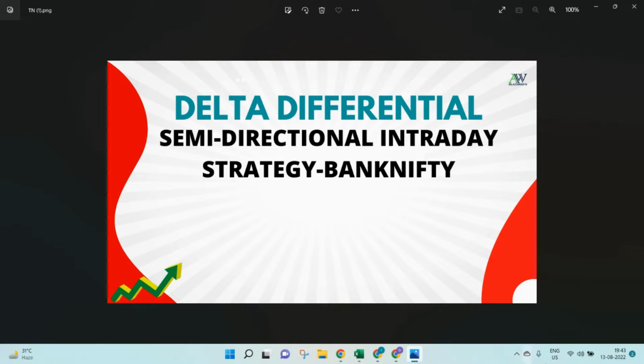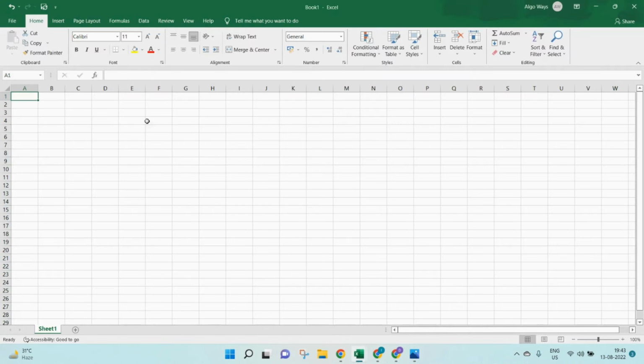So this strategy is on Bank Nifty, so the underlying will be Bank Nifty.